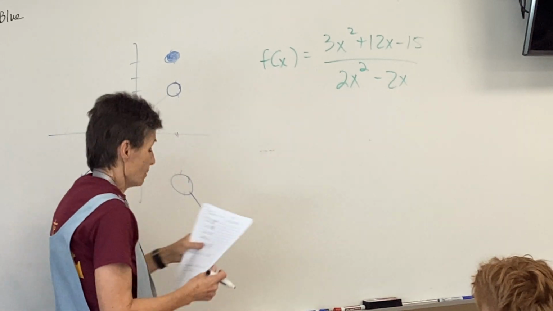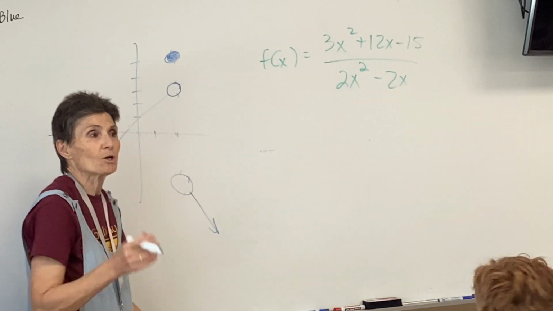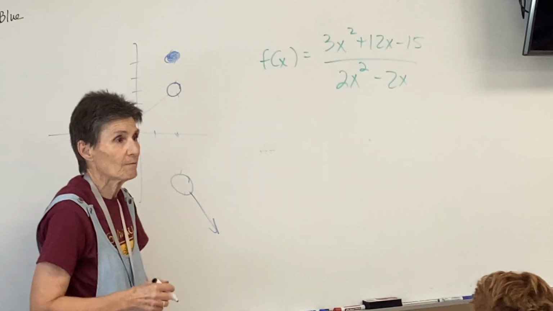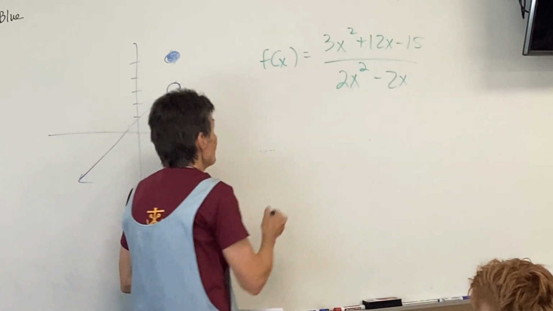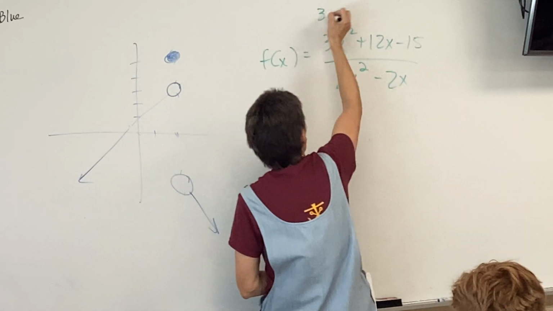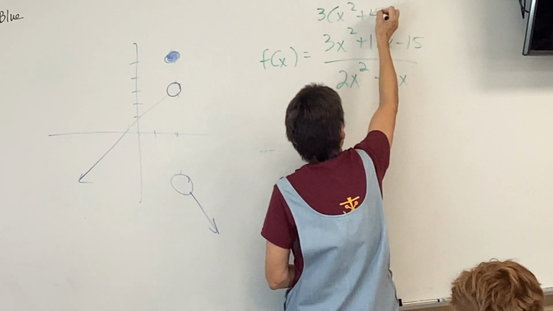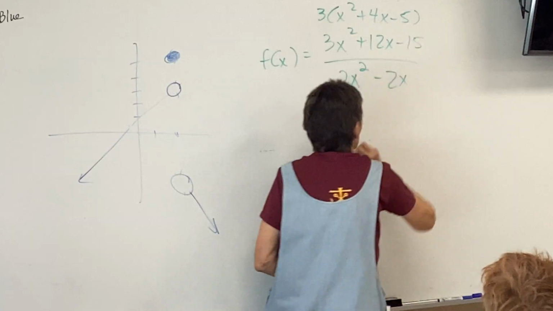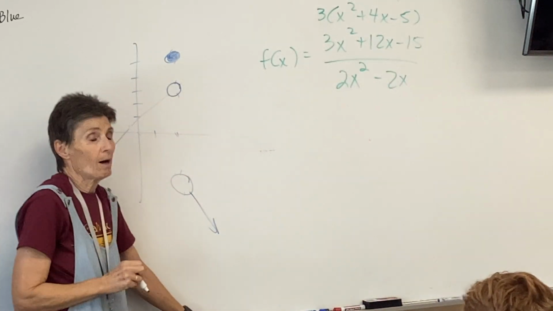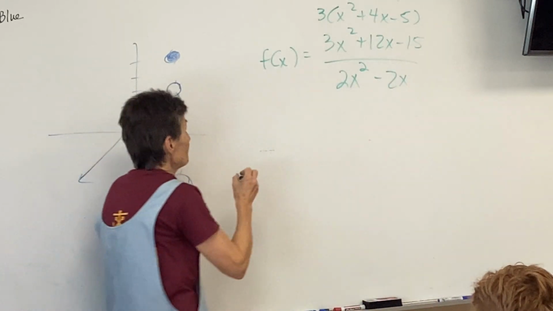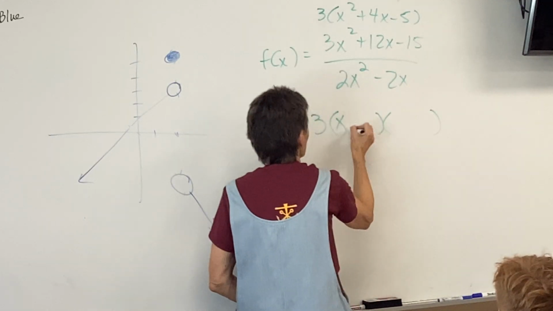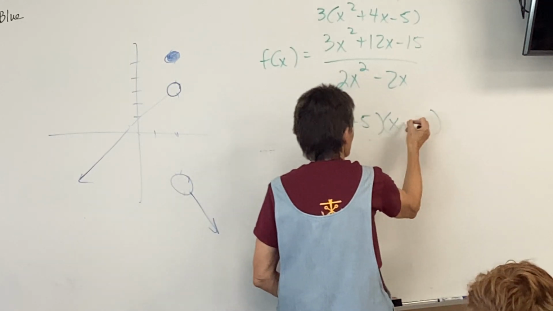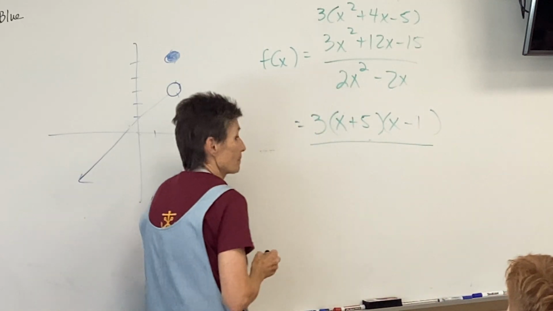All right, what do I do here? Oh, you had to do this on your quiz. You should be ready for this. What did you do on your quiz? Factor. You factored everything. Yep. So we can take a 3 out of the numerator, and then we can actually factor it, plus 5 minus 1.